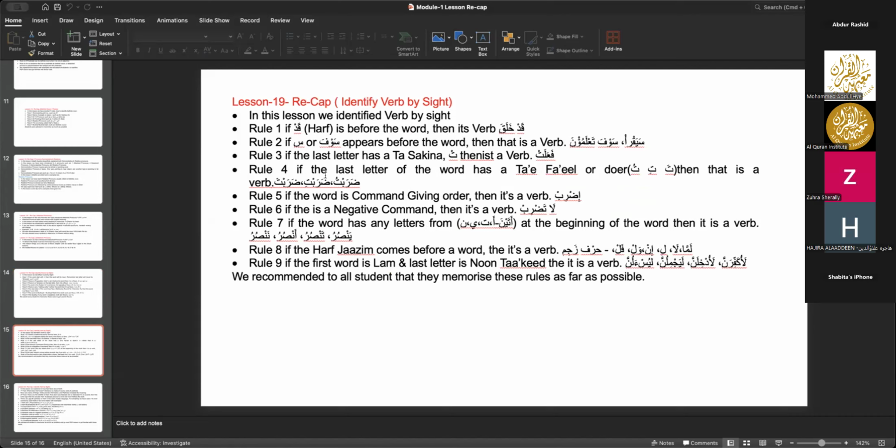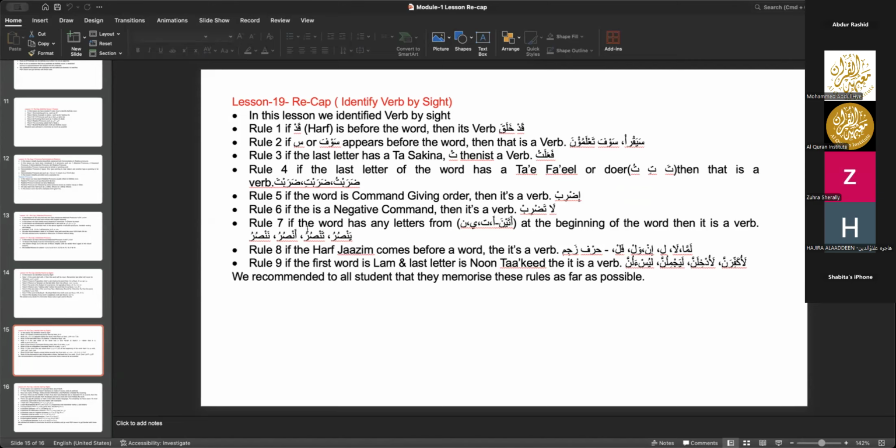Rule number 4, if the last letter of the word has a ta fa'il, or a doer, then that is a verb. For example, darabtu, darabti, darabta. Rule number 5, if the word is a command giving an order, then it is a verb, like idrib. Rule number 6, if there is a negative command, then it is a verb, la tadrib.